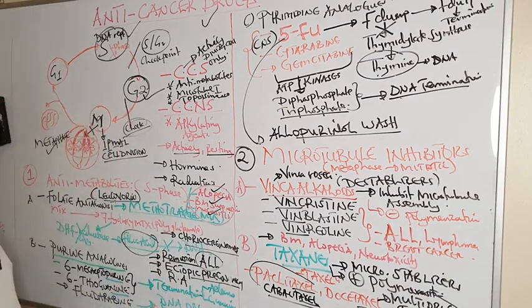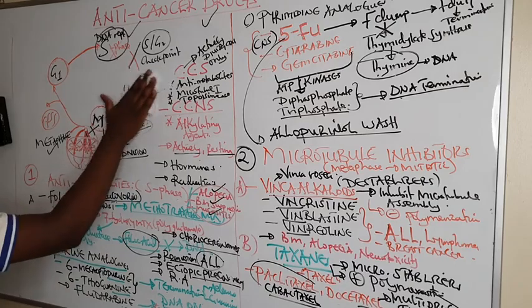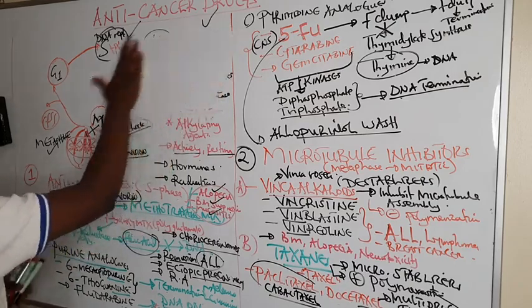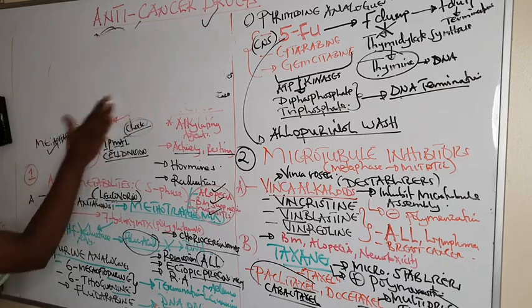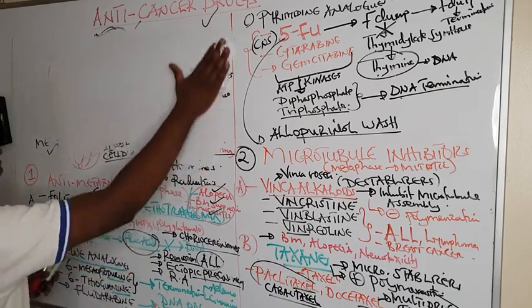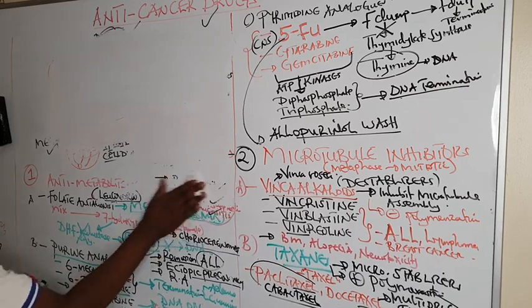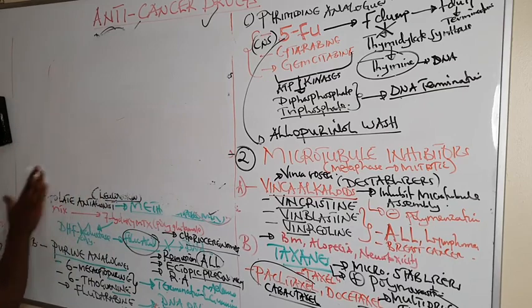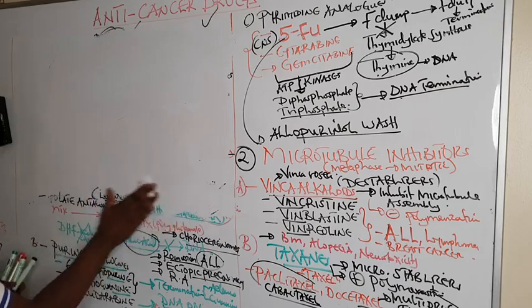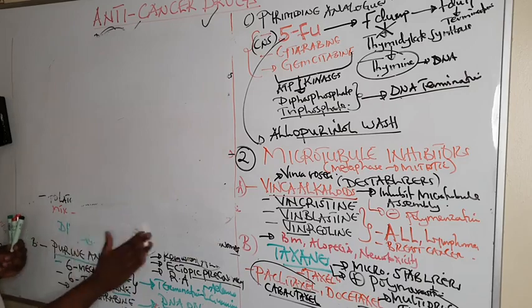So let us go to category number 3, which is still under cell cycle specific drugs.